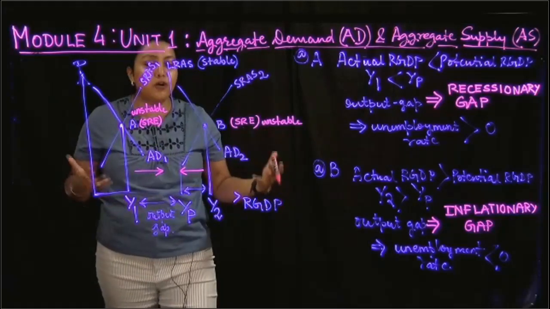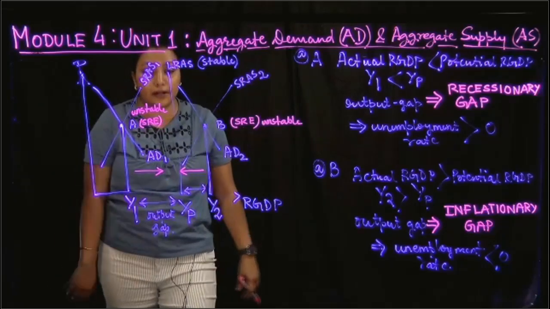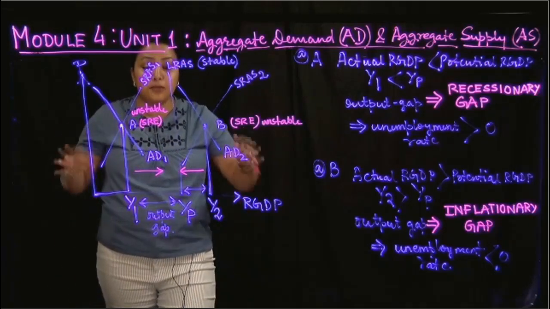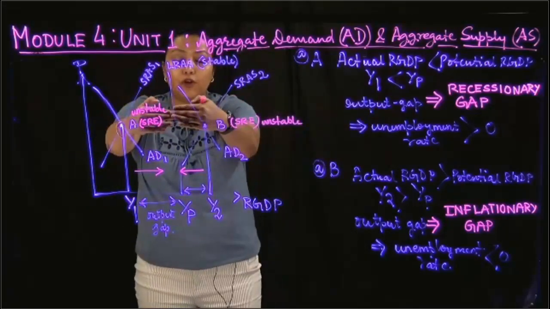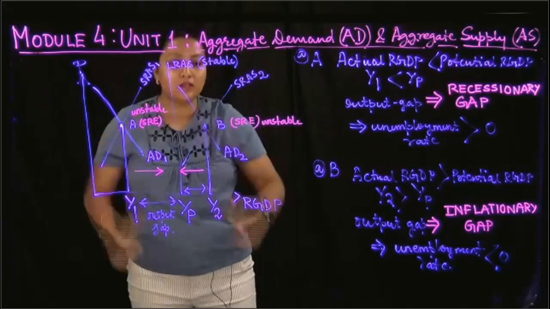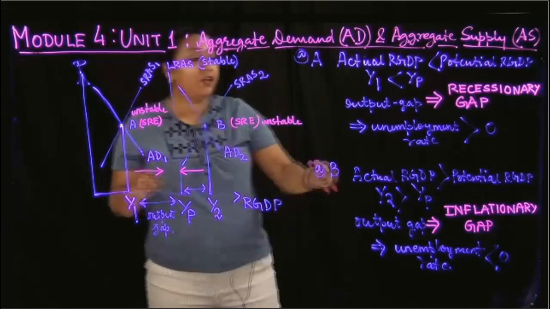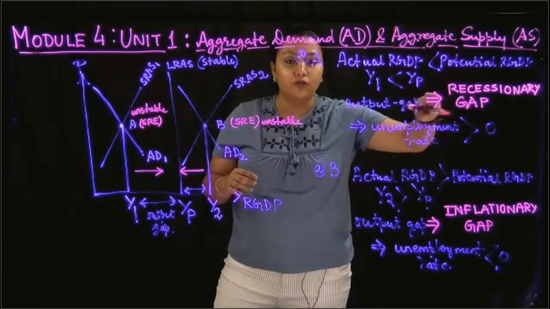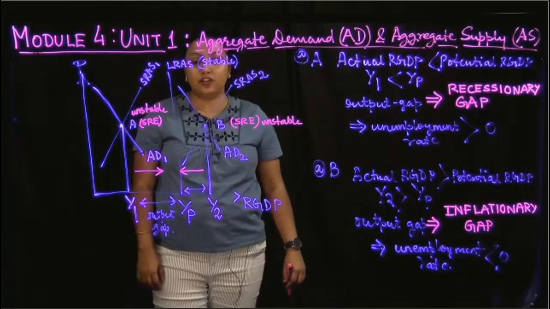If you do not remember what these things mean, then please go back to the previous videos and take a look at it. Okay, but the ultimate objective for any economy is to move from this short run equilibrium towards its long run equilibrium. In other words, the objective of the economy is to wipe out any kind of inflationary or recessionary gap.